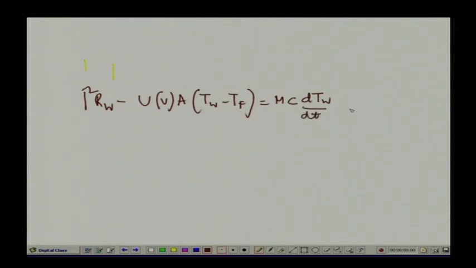This was our new equation, the dynamic equation of the hot wire anemometer.